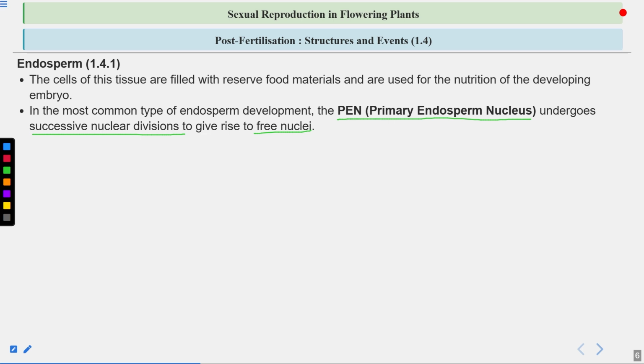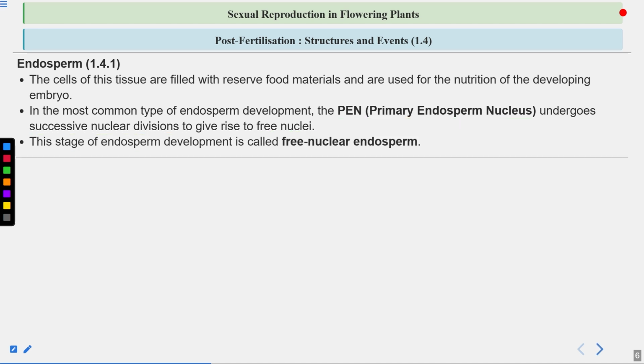There are a number of free nuclei. This stage of endosperm development is called free nuclear endosperm. No cell wall is laid till here.